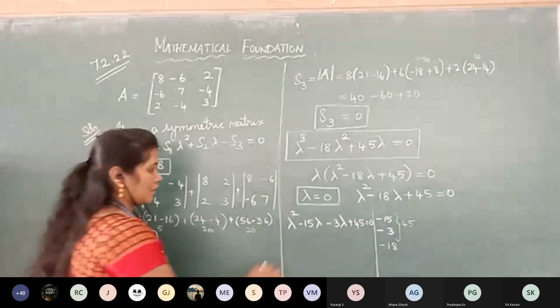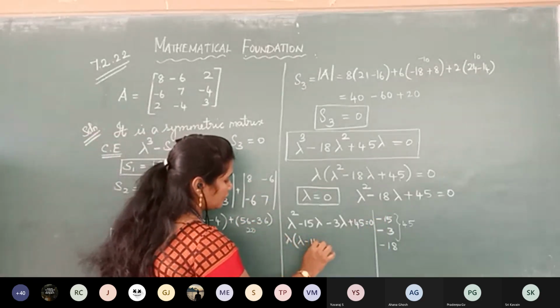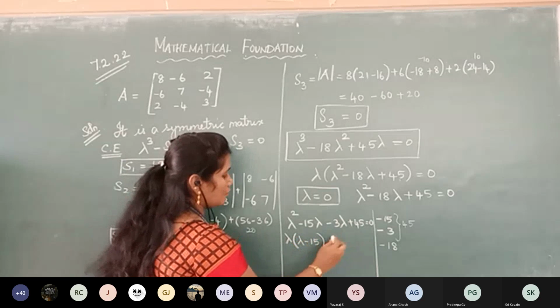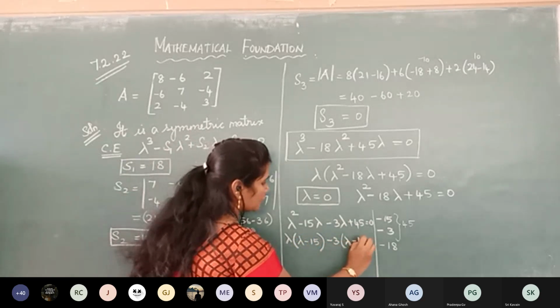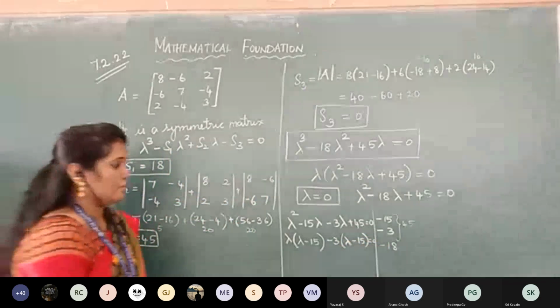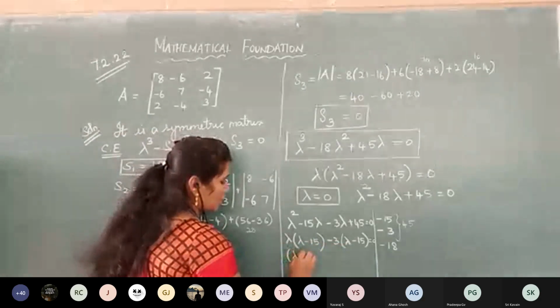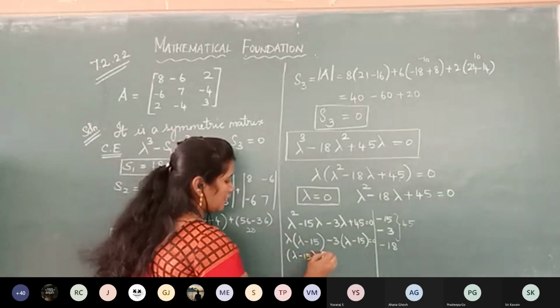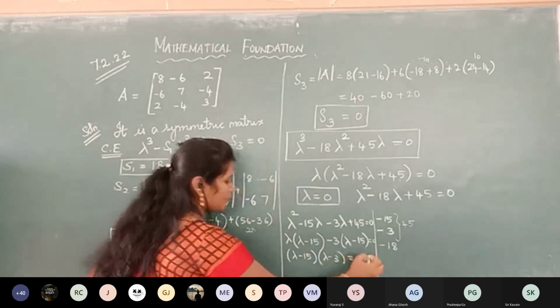Again, now solve it. If you take lambda outside, lambda minus 15. And in these two, if I take minus 3 outside, it will be lambda minus 15. In both the terms, lambda minus 15 is common. So I take lambda minus 15 outside, and you will be left with lambda minus 3 equal to 0.